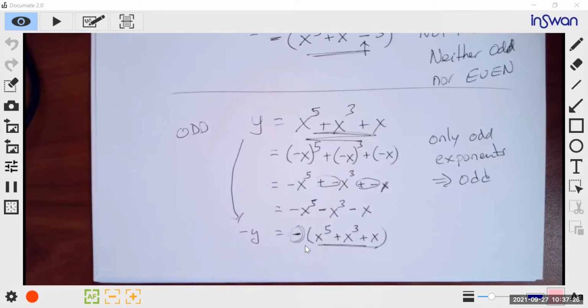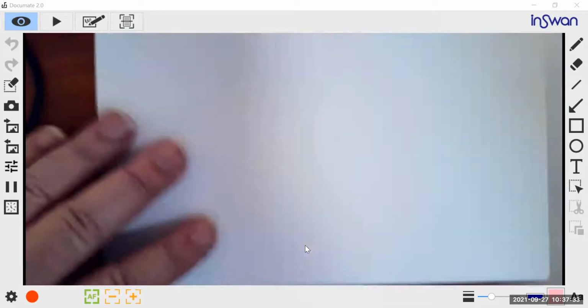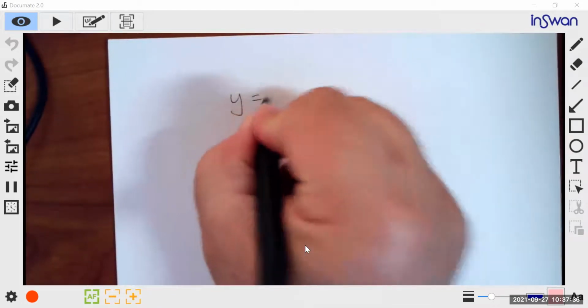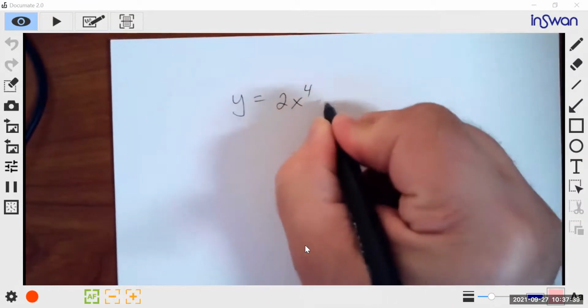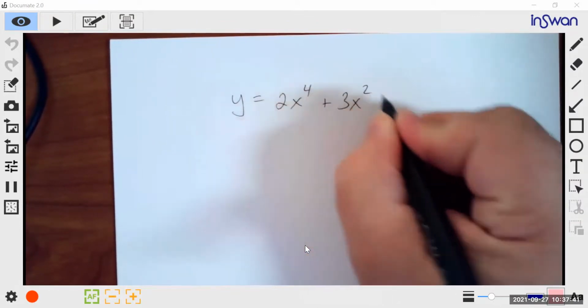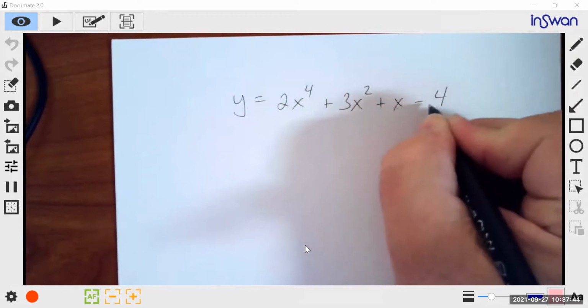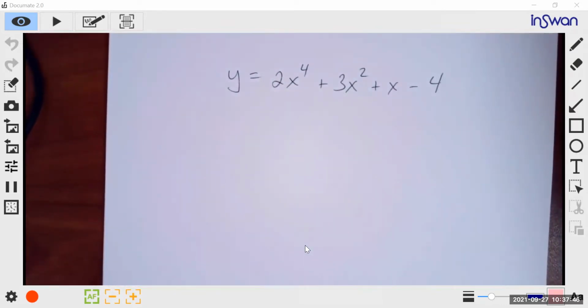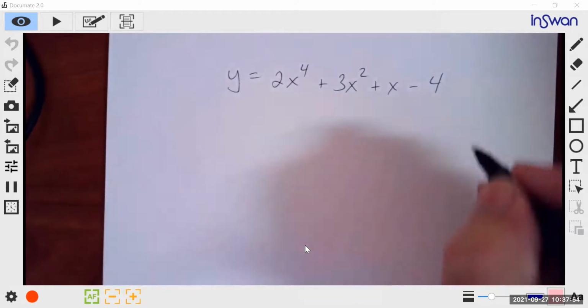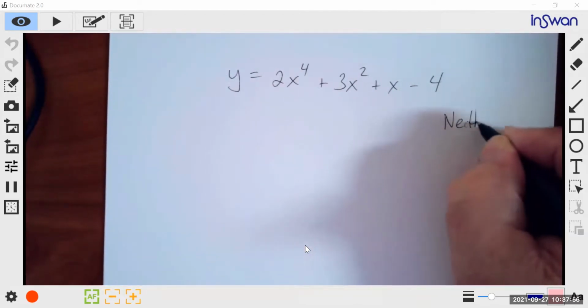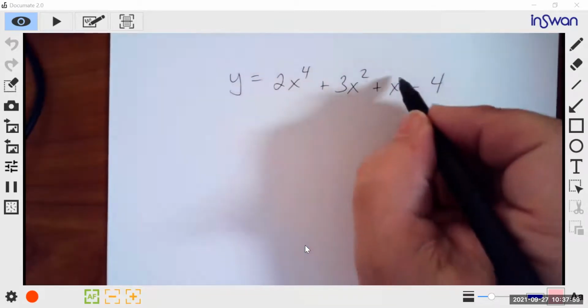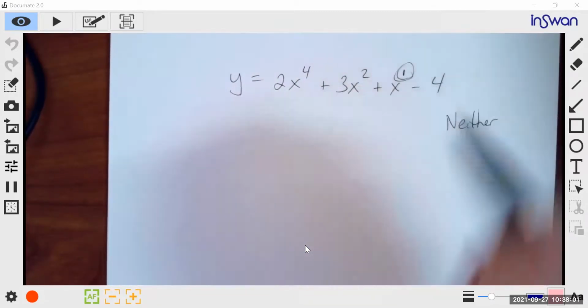Now, here's a shortcut. Finding odd or even functions is pretty easy. All you have to do is look at the exponents. Two x to the fourth plus 3x squared plus x minus 4. Is that odd, even, or neither? Because you have an odd exponent right there.